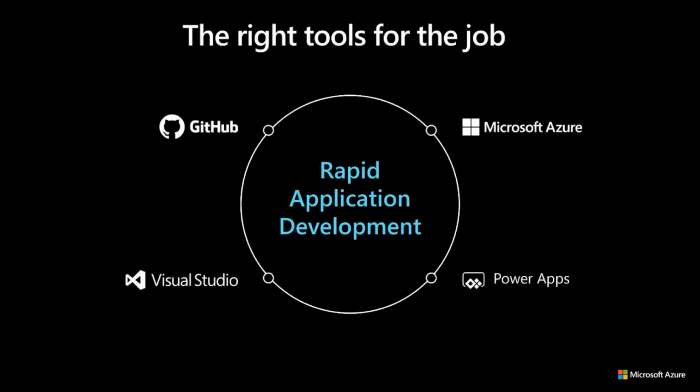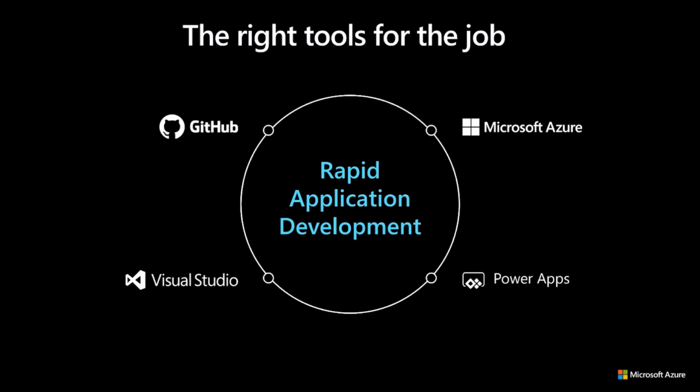And the really cool thing about the rapid application development stack at Microsoft is we really have all the tools for delivering an extensive, powerful ecosystem for app development. Obviously, as a pro developer, I'm very deeply familiar with Visual Studio, GitHub, and Azure, but I've really recently learned how Power Apps can make my life way better as a developer. So Azure provides a platform for creating rich experiences with hundreds of managed services and databases.